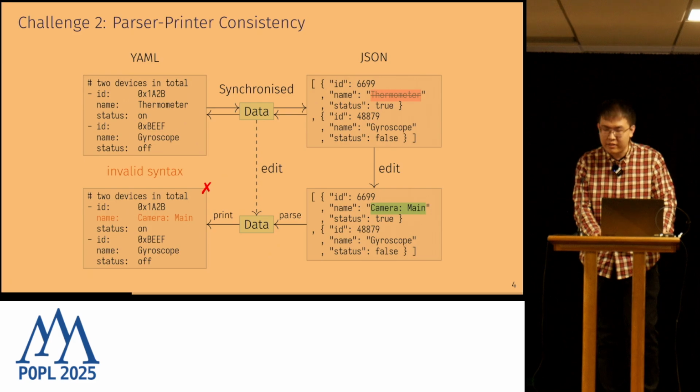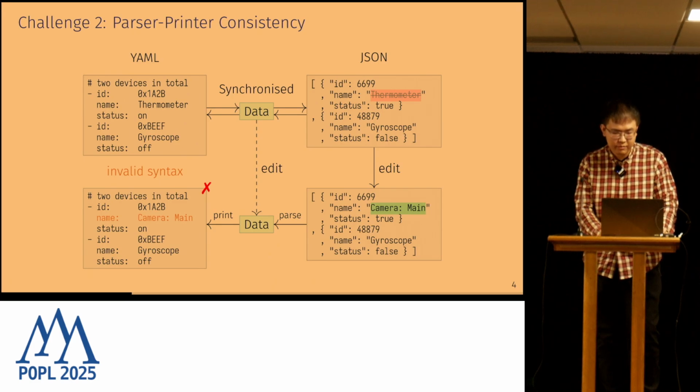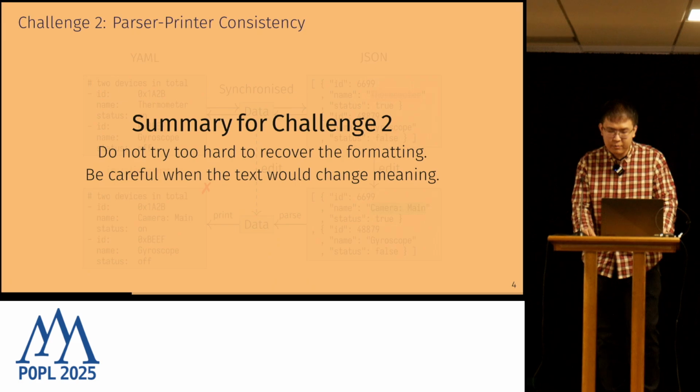And this is illegal. This is invalid syntax in YAML. And even if it were valid, this YAML file would mean something different, because a string is turned into an object. So the summary for this is that we want to try very hard, but not too hard, to recover the formatting. And we need to be careful when the text would change meaning.